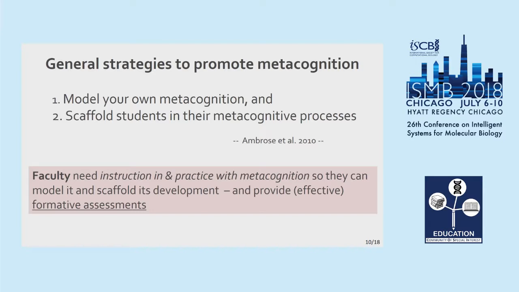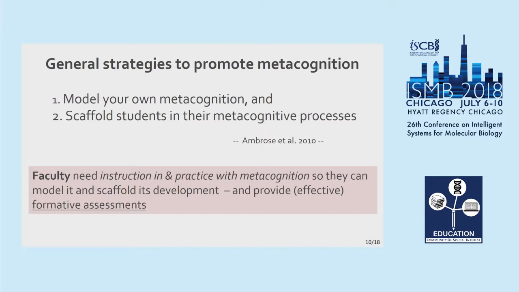The Ambrose book also provides general strategies to promote metacognition. So basically 2 general strategies. One is to model your own metacognition as a teacher, which means that you make your own metacognitive processes explicit to your students.